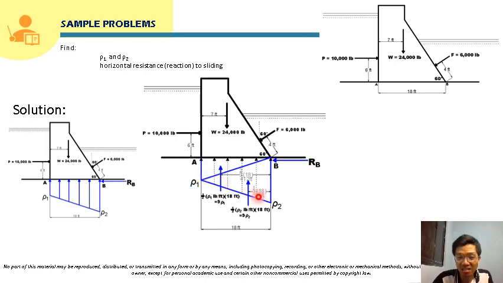Since this is the intensity of a uniformly varying force, the unit of rho 1 should be pound per foot. So 1/2 rho 1 times 18 feet will be 9 rho 1. That is the value of this concentrated force, and its unit is already pound since this is a concentrated load.